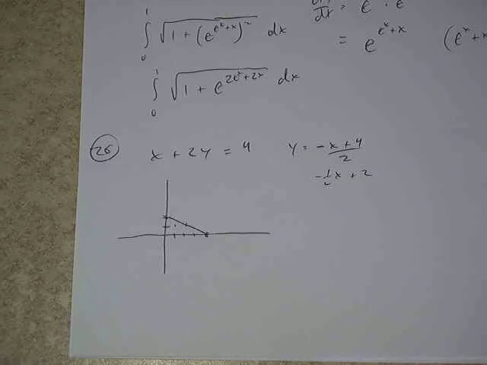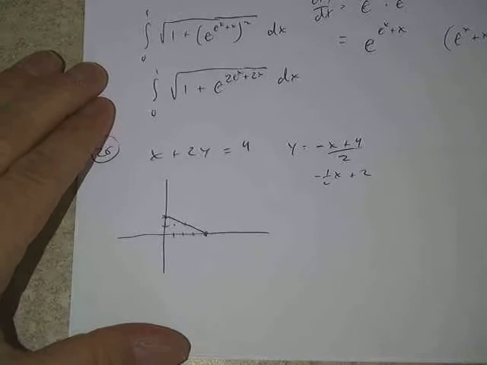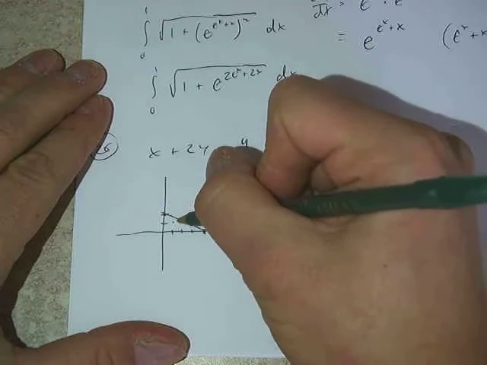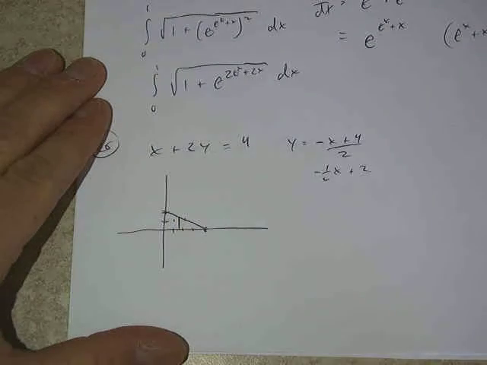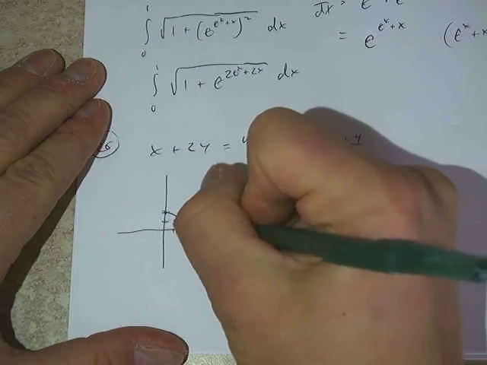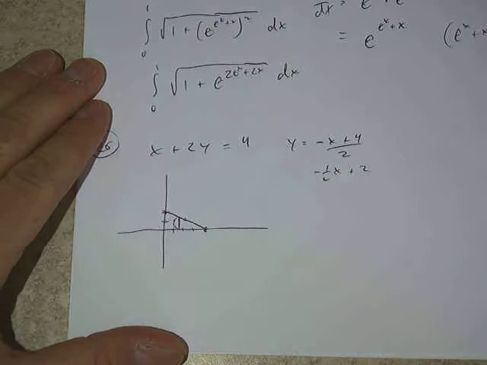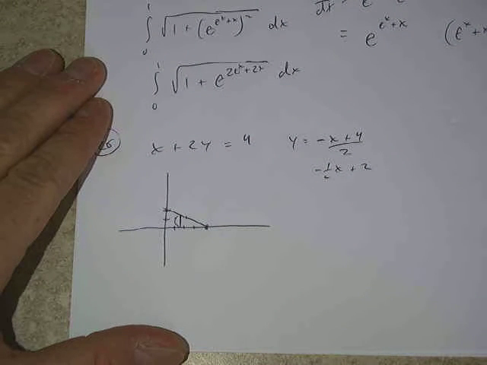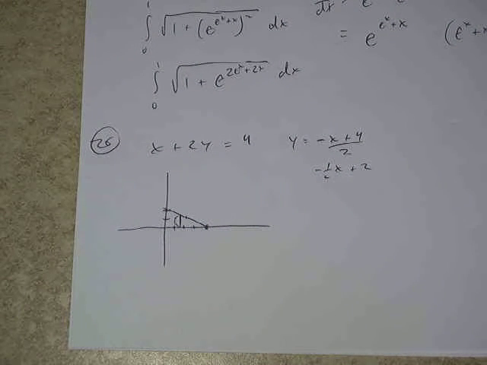And it says, what's the volume of a solid if every cross-section perpendicular to the x-axis is a semicircle? So if we were to draw a slice here that was vertical, they're saying it's going to come out at us as a semicircle. So we have to visualize that three-dimensional slice coming out of the paper at us as a semicircle.